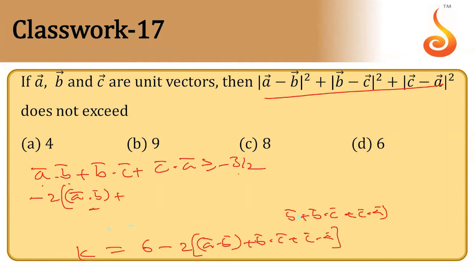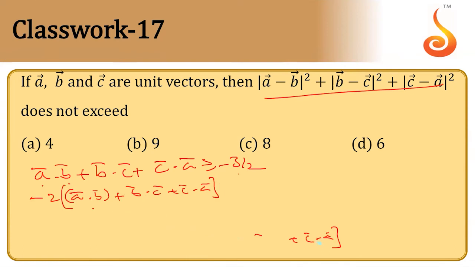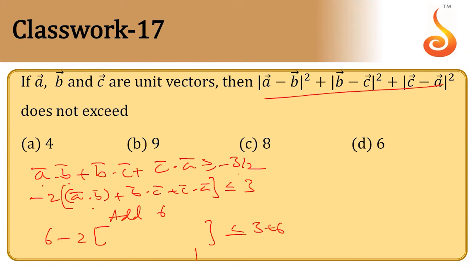Now I add 6 on both sides, so that we get the k value. So this is 6 minus 2 times this value is less than or equal to 3 plus 6. The entire k is less than or equal to 9. Therefore, the maximum value is 9.